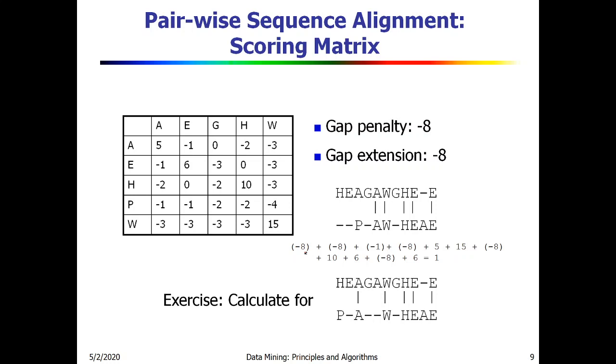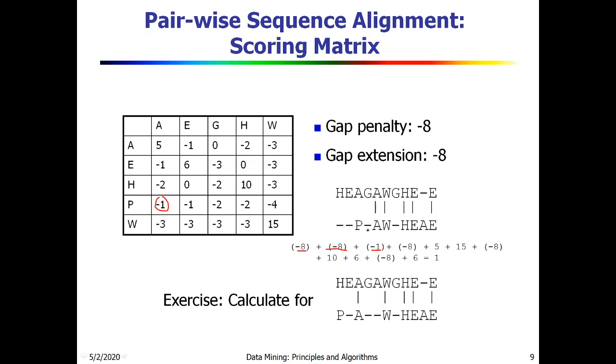While calculating for H against the gap, since there is a gap, we add a gap penalty of -8. Since there is another extension, we have the extension penalty of -8, so we apply -8 here. Then coming to A and P, A and P leads to -1, so we write -1 here.